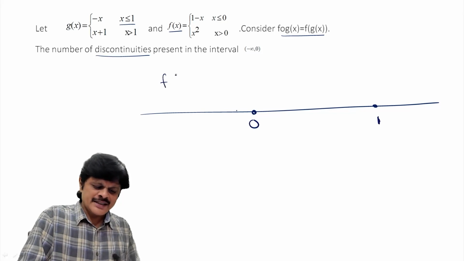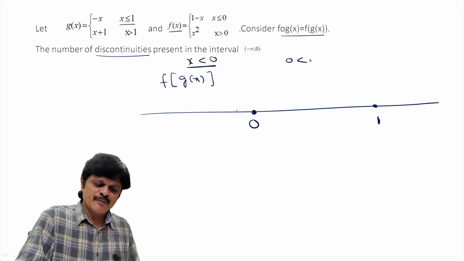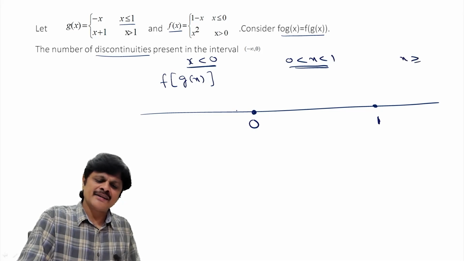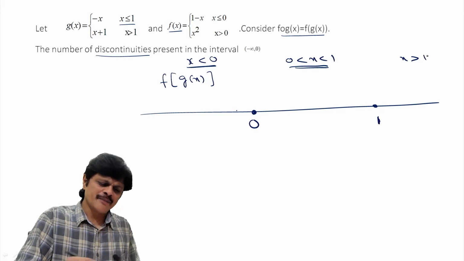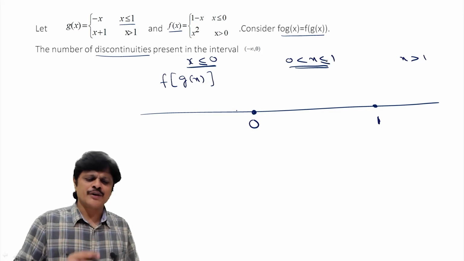Now let us see what f of g of x is for x less than 0. This is the range x less than 0, this is between 0 and 1, and this is for x greater than 1. The equal to part we can take care of later, because less than or equal to 0 is there, and similarly less than or equal to 1 is there, so you can include it like this.